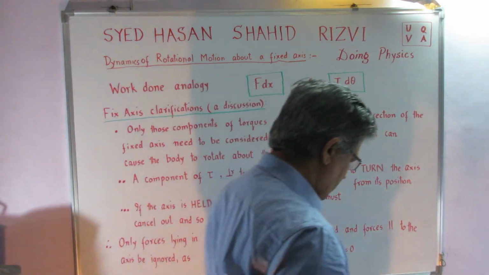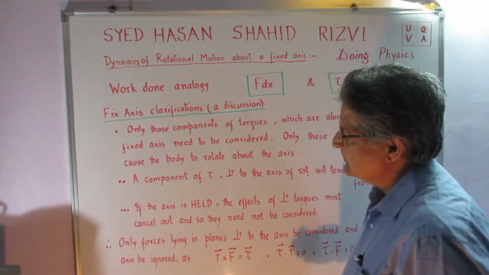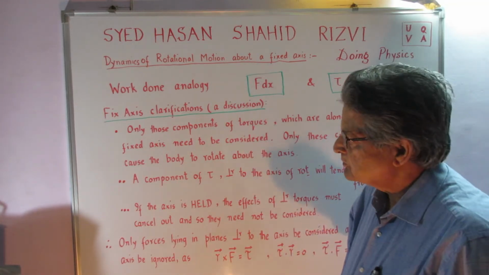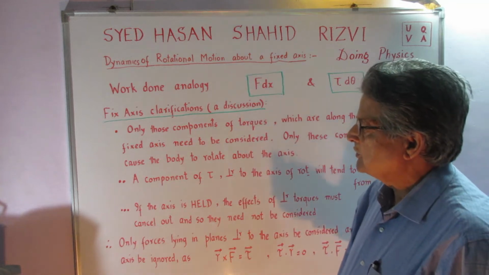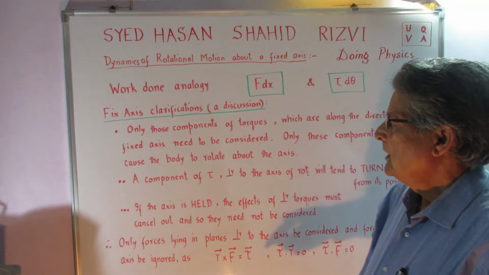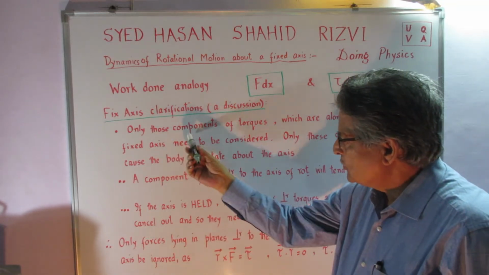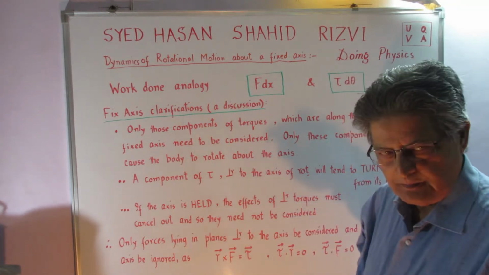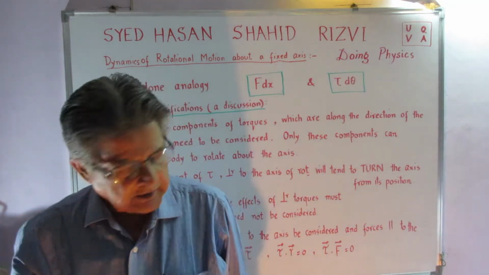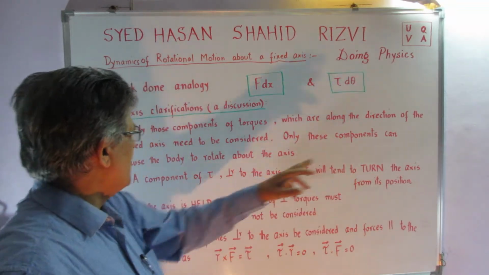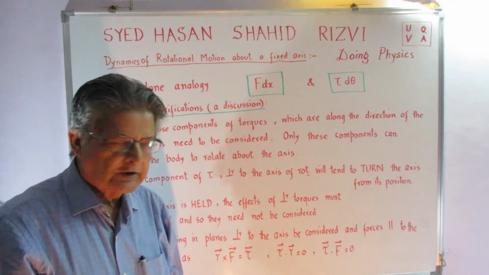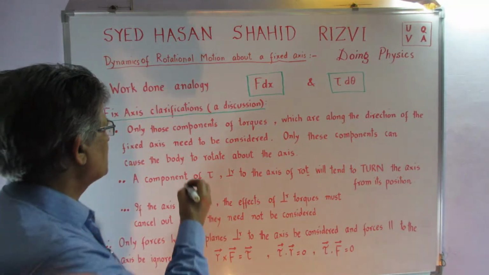The first item that I want to share with you is that when there are torques working and work is being done, and the motion takes place, then only those components of the torques which are along the direction of the fixed axis need to be considered.